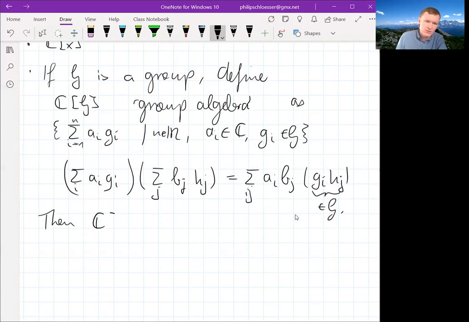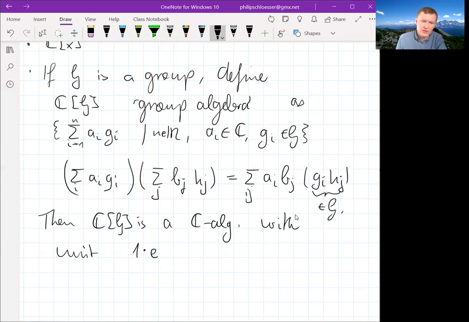It is a C algebra, and it also has a unit, or a one, namely 1 times the neutral element of the group.